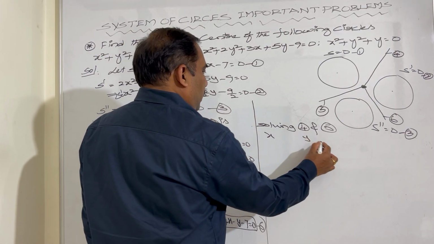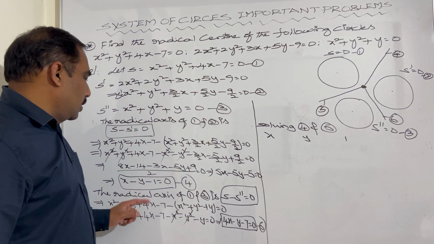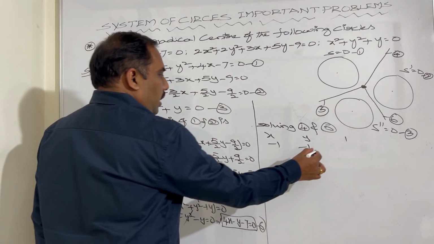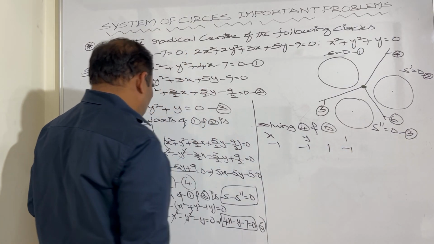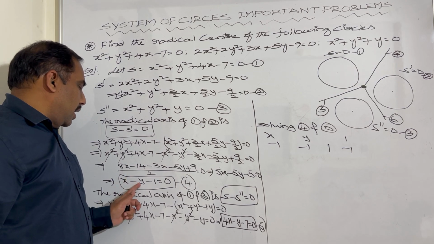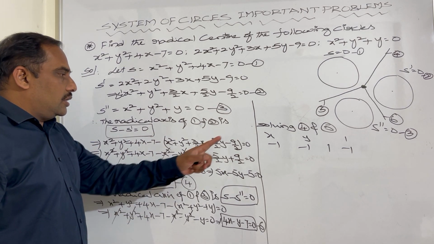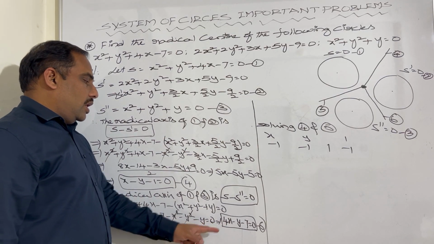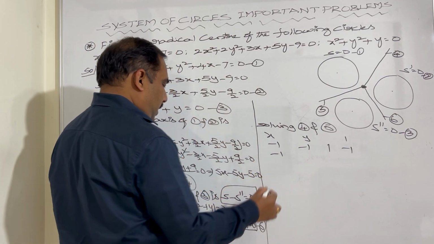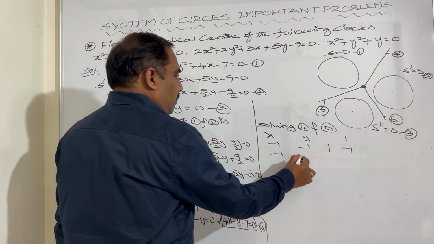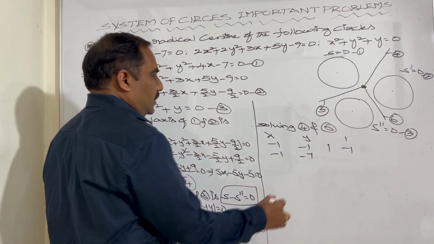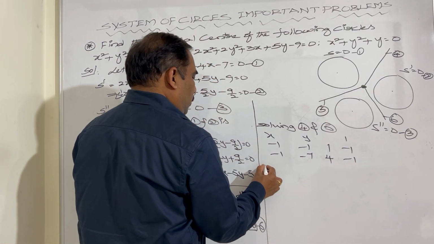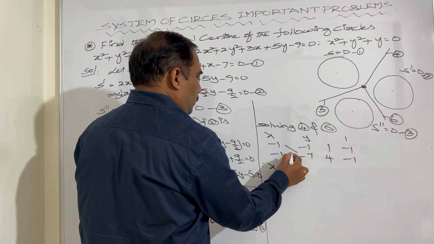So x, y, 1 by the cross multiplication method. Here minus 1 and minus 1 and 1. So middle, right, left and again middle. So minus 1 and 1 and again minus 1. Again here the middle is minus 1, minus 7, and the left is 4 and the middle is again minus 1. When you have to find the value of x, you multiply these two.